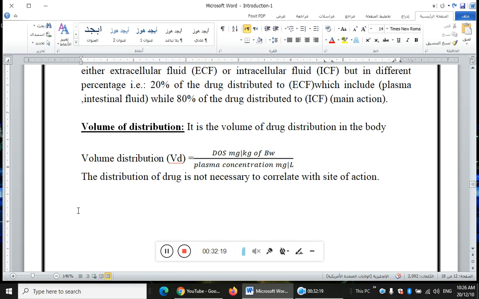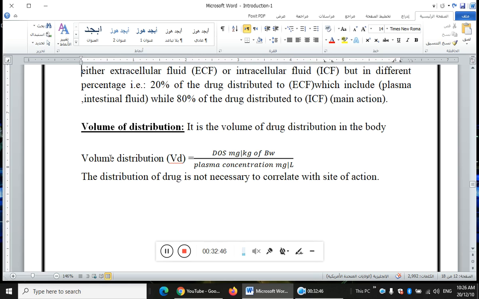There is an equation to calculate the volume of distribution. Volume of distribution is the volume of the drug distributed in the body, and it is calculated in liters per kilogram.